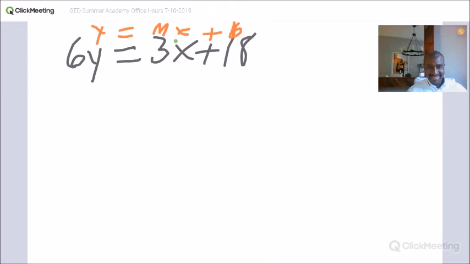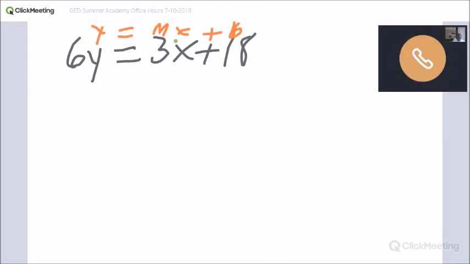So what would you do next? I was going to turn the 18 into negative 18, or do I need to start with something else? I see what you're saying.